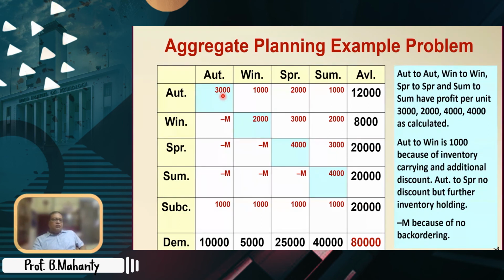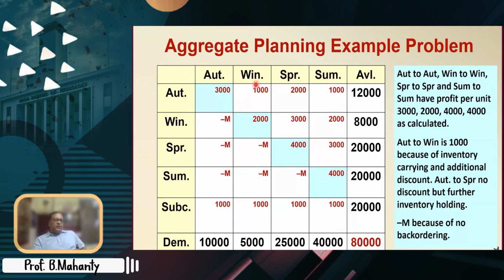So it should be 4,000 profit. But there is a 10% discount, so 1,000 is gone. So we have 3,000 only. Anyhow, like these, the costs and the profits are computed. So these are the profits after taking the selling price and the production cost. So these are the different values. Now what happens? Suppose you produce in autumn and sell in winter.